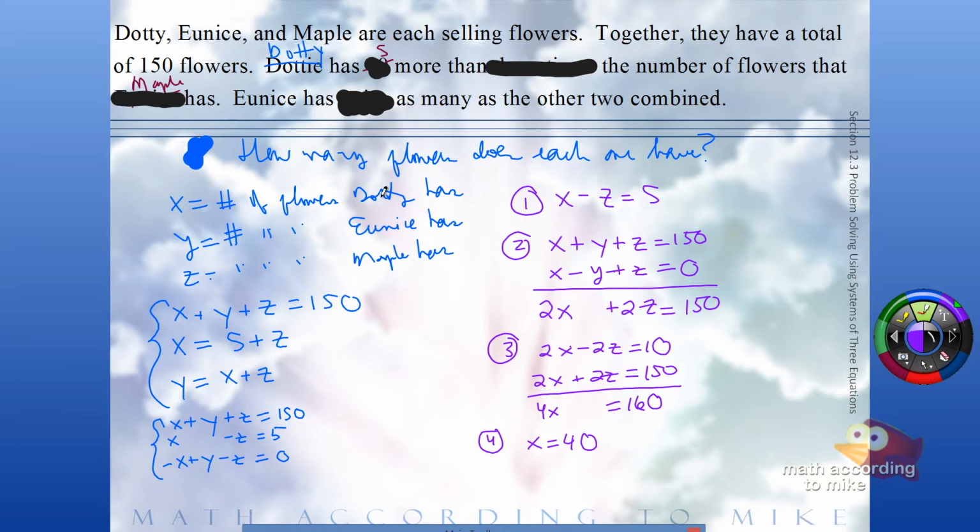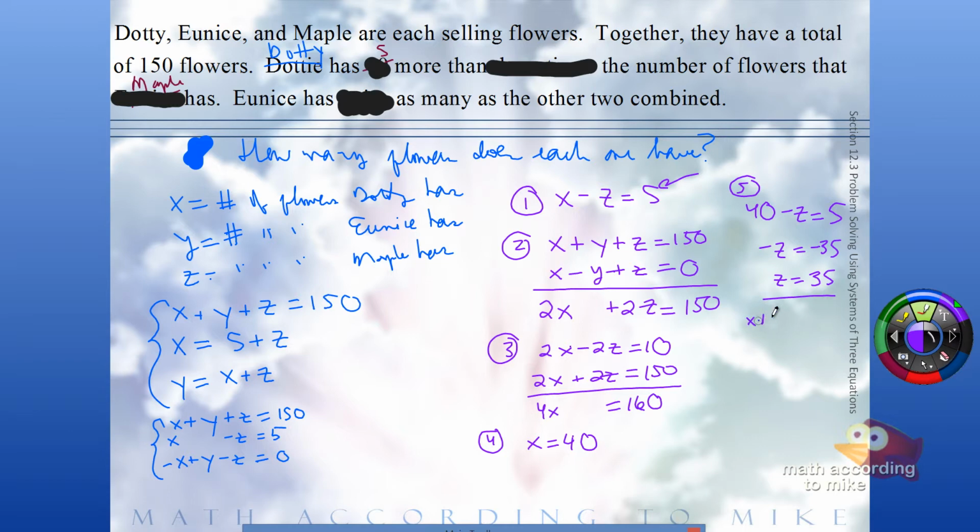So in step 5 we're going to put that 40 back into here because it's the easiest. So instead of the x, we'll have 40 minus z equals 5. Subtracting 40. Multiplying both sides by -1, we get 35 for z. So that interpretation would be Maple has 35 flowers. Let's solve for y.